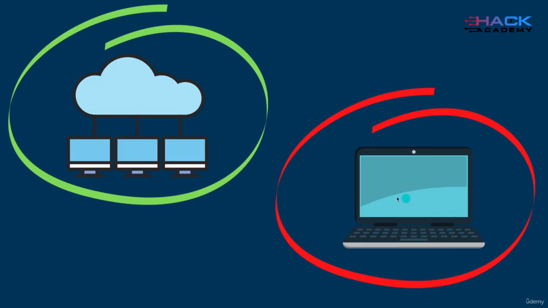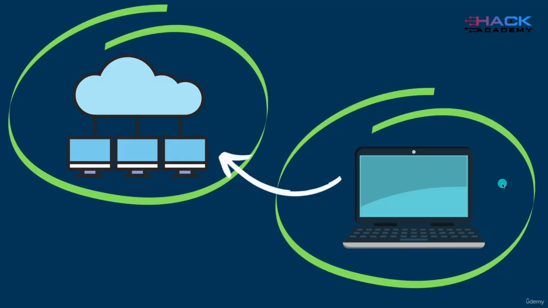Now your machine cannot communicate in any sort of way with the machines on the TryHackMe network, because these two have to be connected to the same network. So what we did in the previous lecture was connect to the OpenVPN network that the TryHackMe servers have. We did that so that our machine can communicate with these machines.